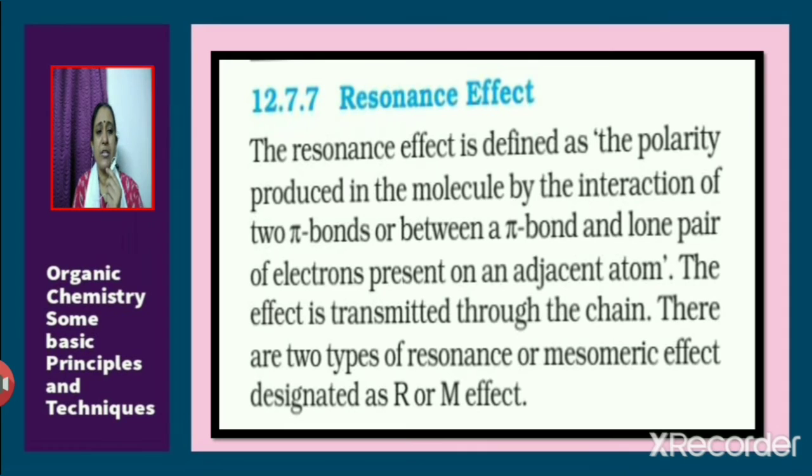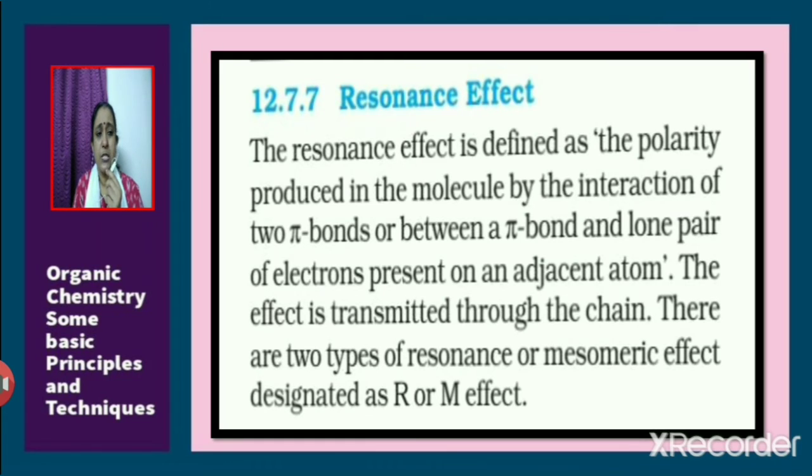So what is meant by resonance effect? It is defined as the polarity produced in the molecule. Polarity produced in the molecule means one end of the molecule will be positive and the other end of the molecule will be negative. And how is the polarity produced in the molecule?